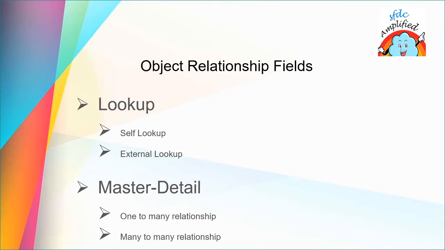And there is an owner field on the child record which will be derived from the master record. So these are a few things regarding the master detail and lookup relationship fields.